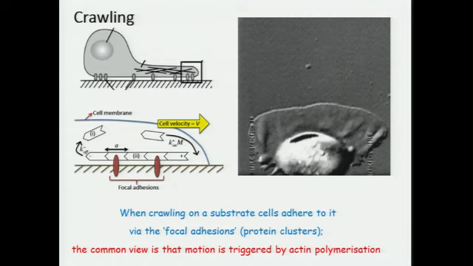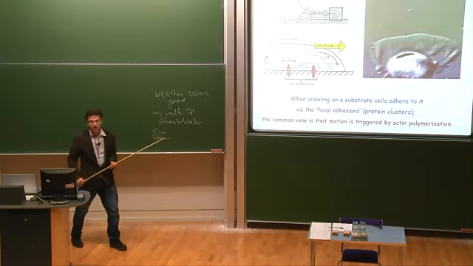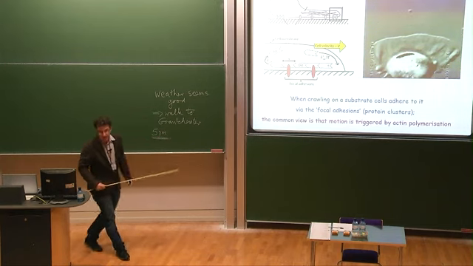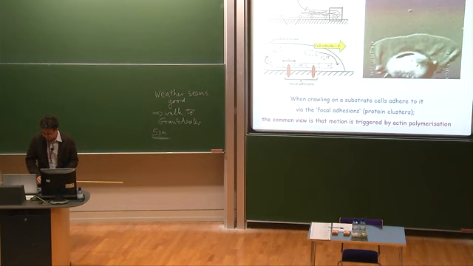And in order to do so, since you have to push against the membrane, you have to push from something, so you have to be attached. You can't push from a fluid, it's much more difficult. So this attachment or effective friction is provided by protein clusters known as focal adhesions. These are very important to understand cell motility on a substrate.